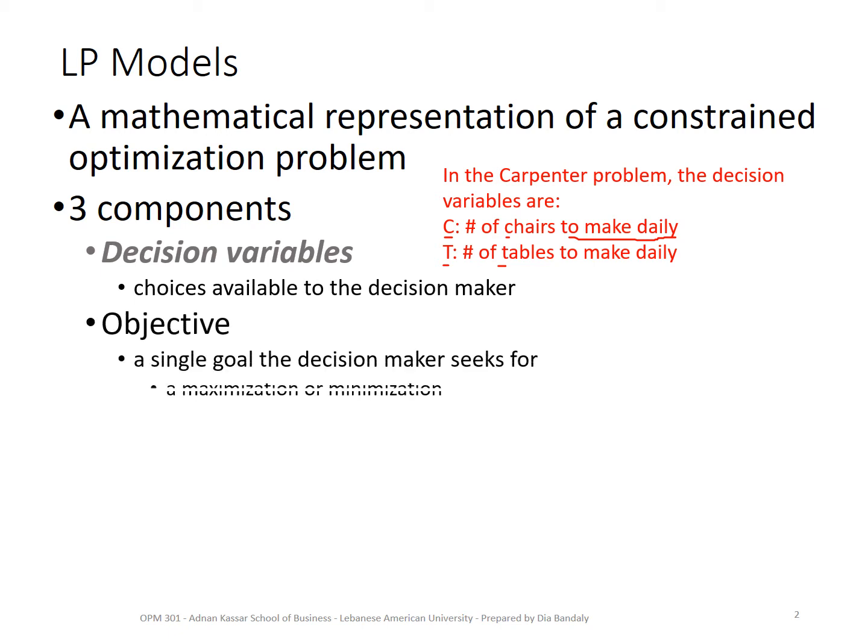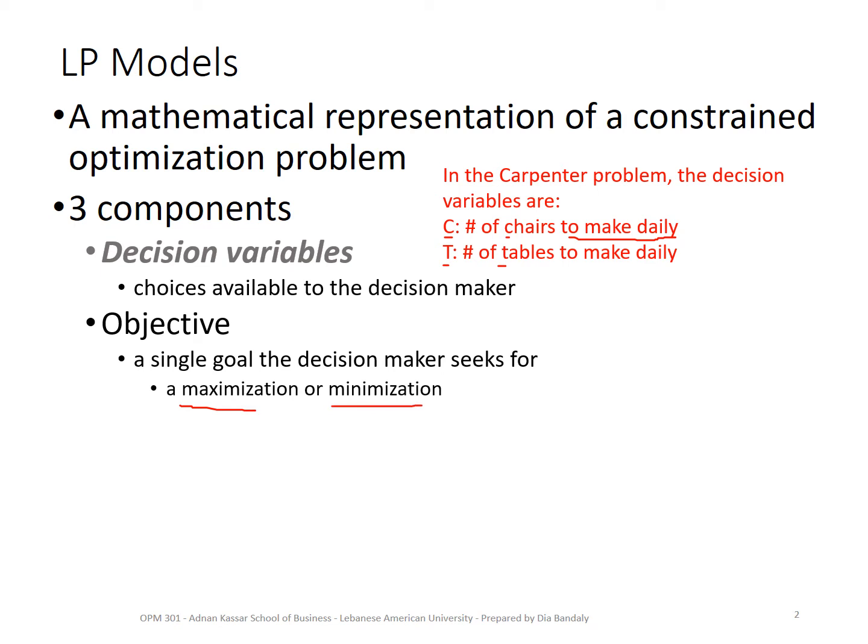The second component is our objective. What's that objective? It's what we are trying to achieve, and this is what triggers you to start using an LP model. In the carpenter problem, the carpenter wanted to maximize his profit. Now, with many requirements, many limitations that he has, he could not do it manually, and he wanted to revert to an LP model to do it for him. And usually an objective is either a maximization or a minimization.